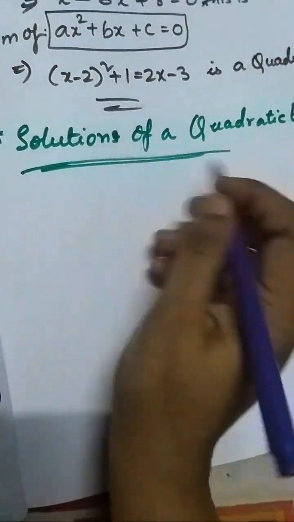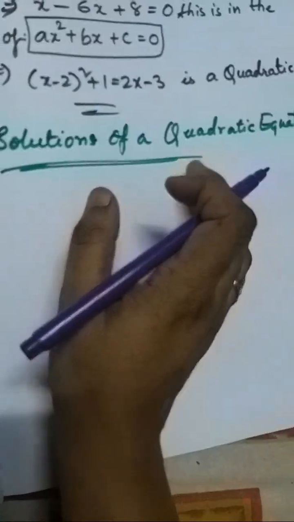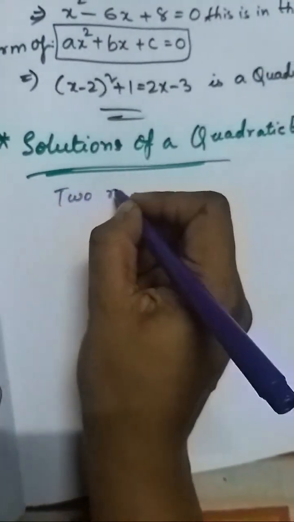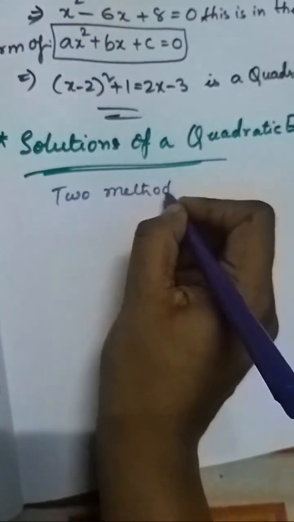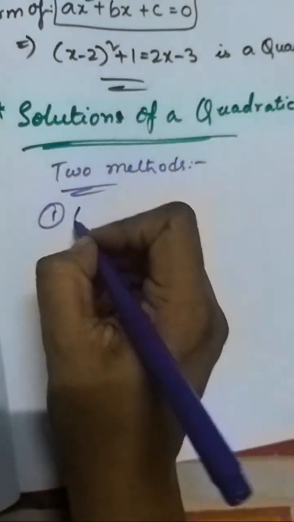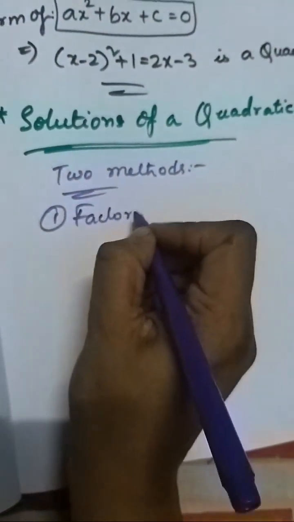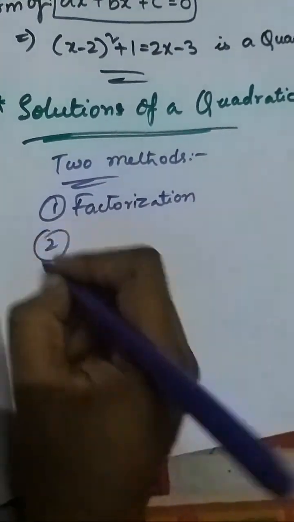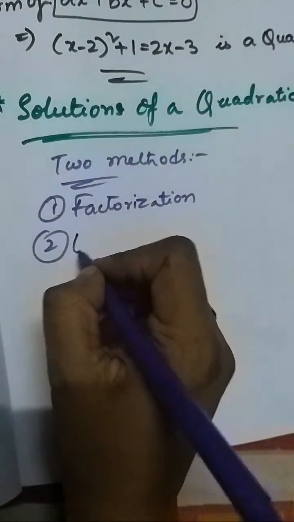But this quadratic equation we solve to find the solutions. We have two methods. You already know the two methods: first is factorization and second is using the formula.